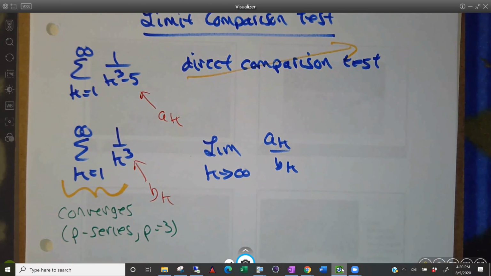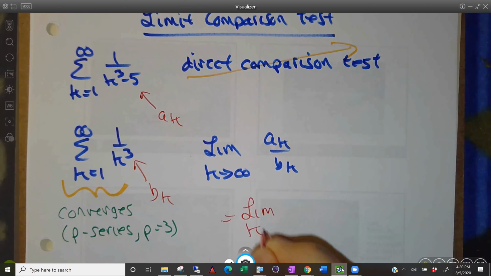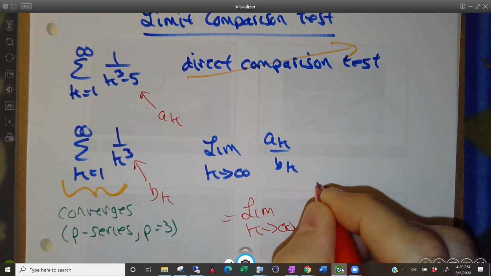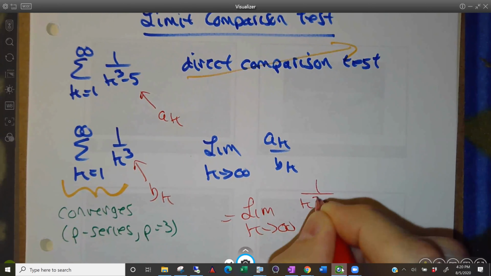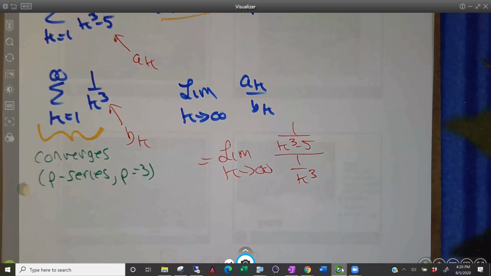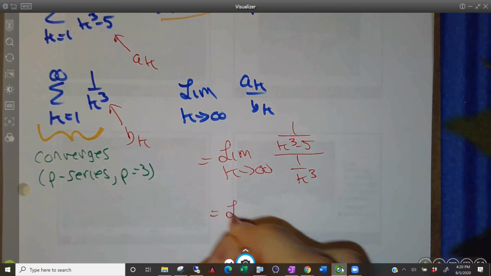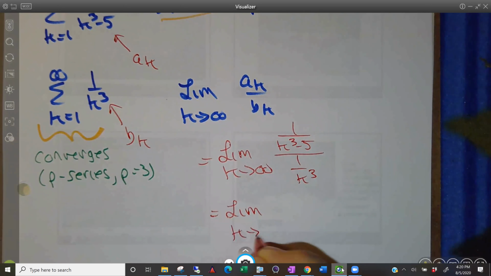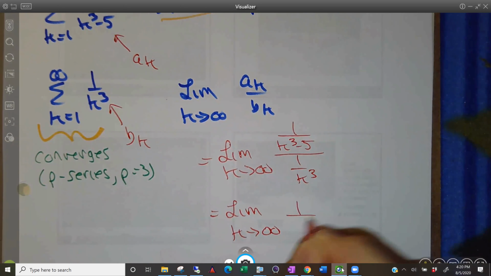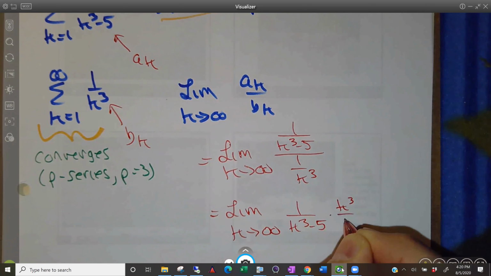So let's calculate this limit then. That's going to be the limit as k approaches infinity of 1 over k cubed minus 5 over 1 over k cubed. When you divide by a fraction, it's equivalent to multiplying by the reciprocal, so it's the limit as k approaches infinity of 1 over k cubed minus 5 times k cubed over 1.